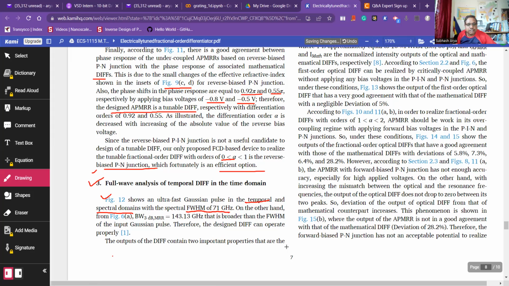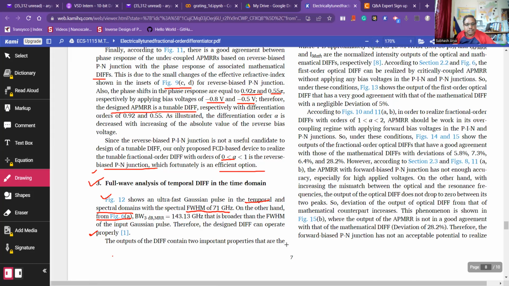On the other hand, in figure 6a, the 3 dB bandwidth of the RR is equal to 143.13 GHz. That is broader than the full width at half maximum of the input Gaussian pulse. Therefore, the designed differentiator can operate properly.